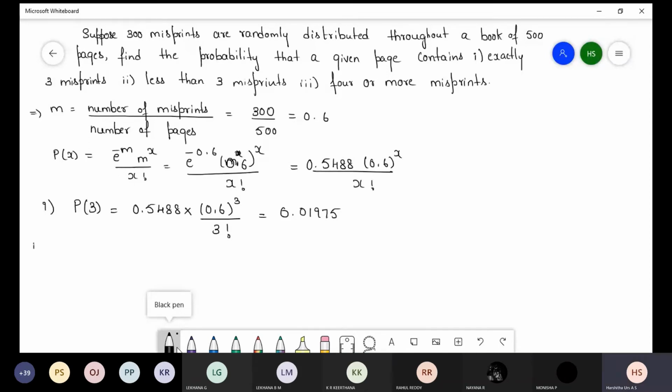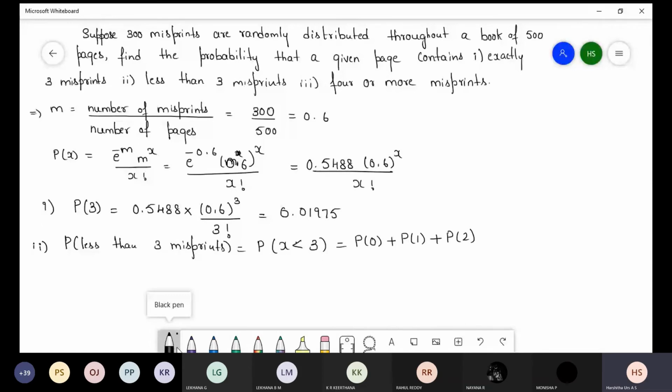Second one, less than 3 misprints. So here x is less than 3. So P of 0, P of 1, P of 2.